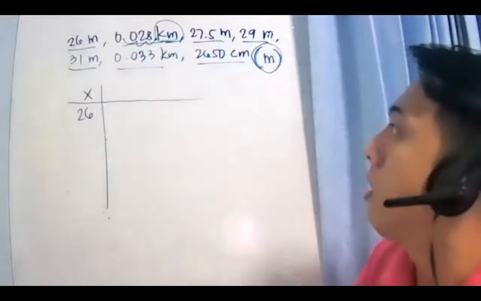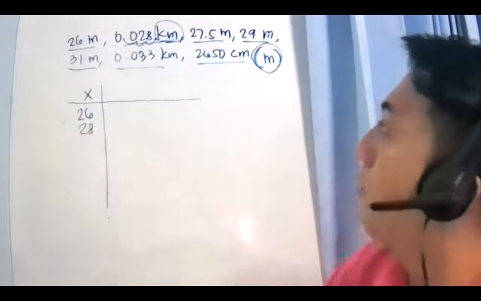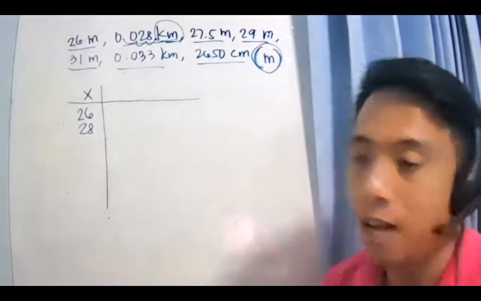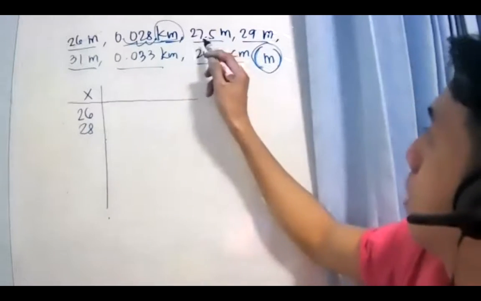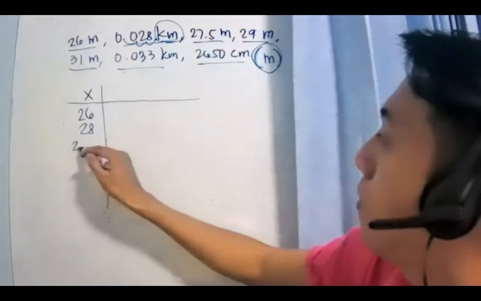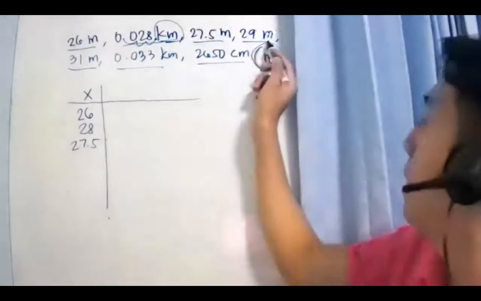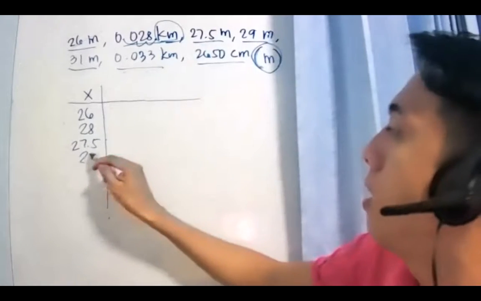Okay, so it will become 28 meters. Okay, 27.5 meters na siya, so magiging 27.5 lang siya. And then 29 meters, so I will just copy 29.